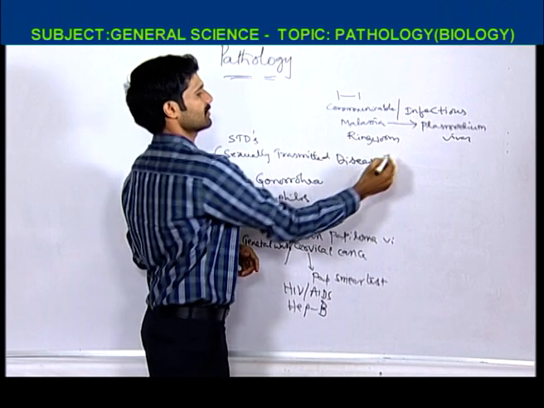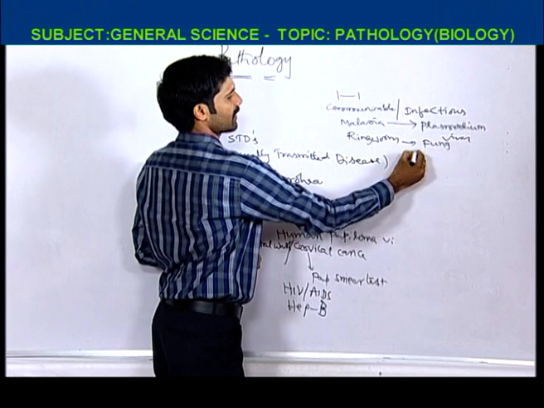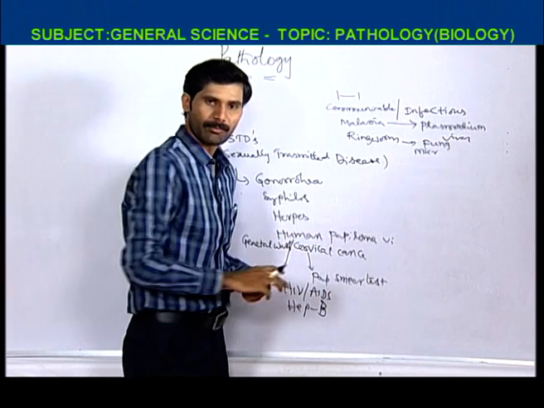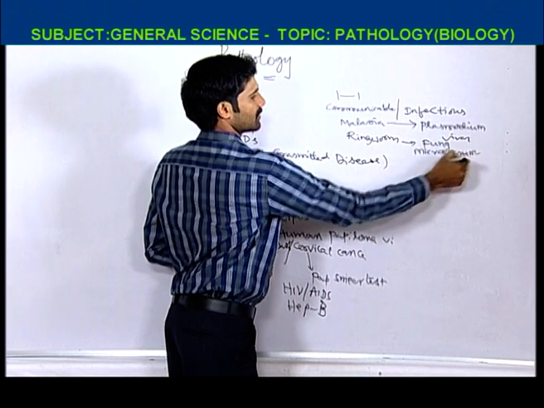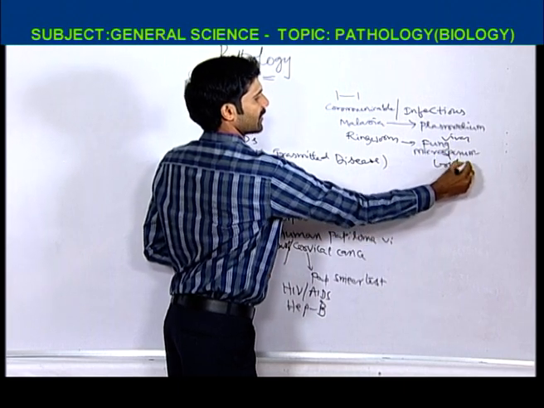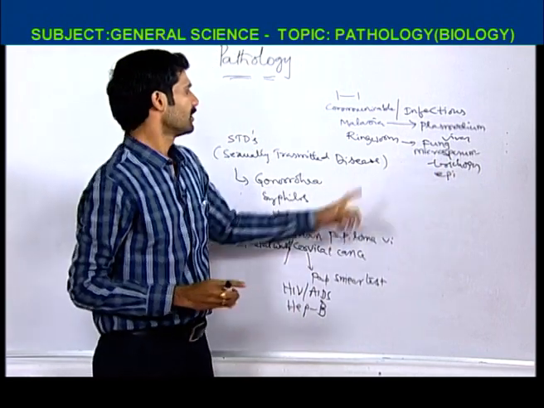Ringworm is a fungal disease caused by fungal organisms like Microsporum, Trichophyton, and Epidermophyton. Three genera cause ringworm.